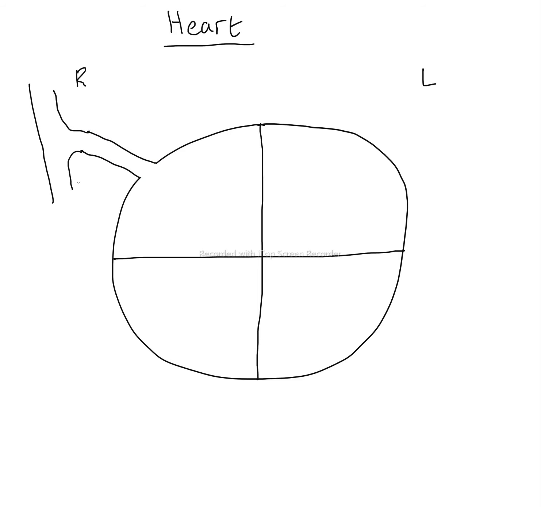So this is the first structure. This chamber is the atrium. This chamber is also the atrium. One's right, one's left. This here is the ventricle. This here is the ventricle. So that's the right ventricle, that is the left ventricle.